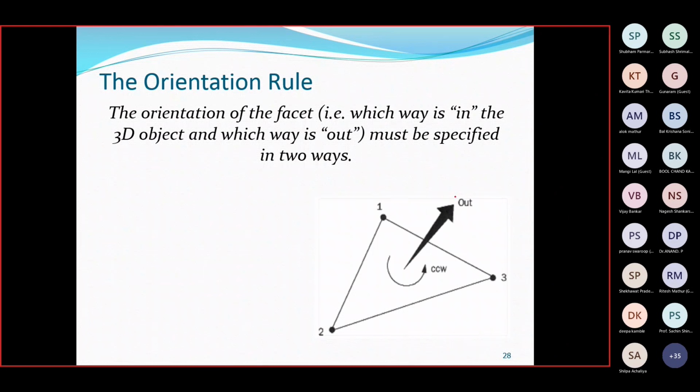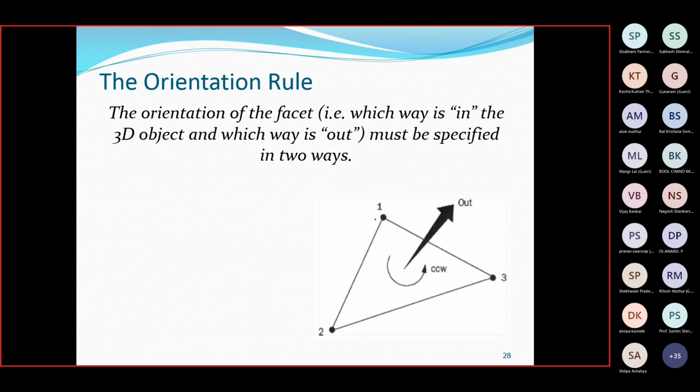So one is outwards, and that is always, you can say, counterclockwise. So always start with counterclockwise ordering. This should be your first, this should be second, and this should be third vertex.